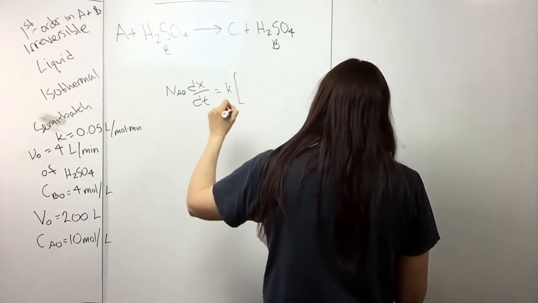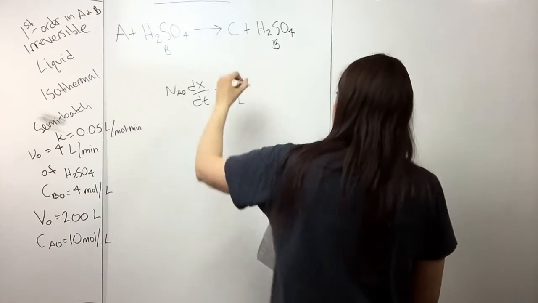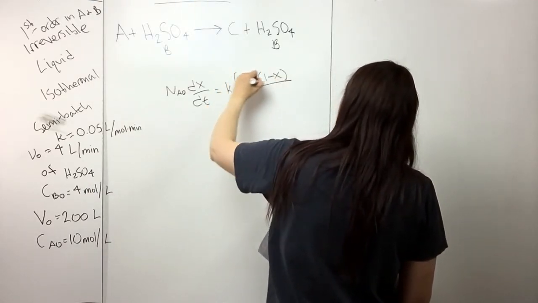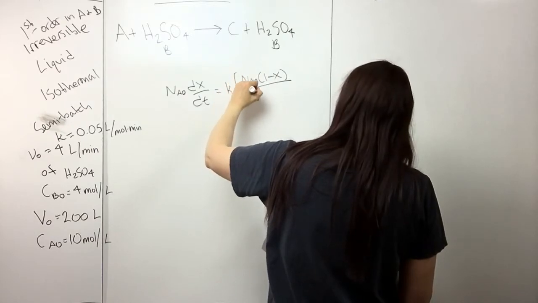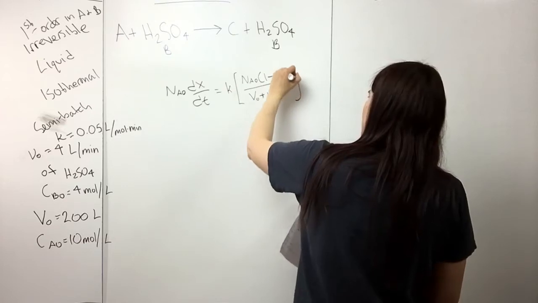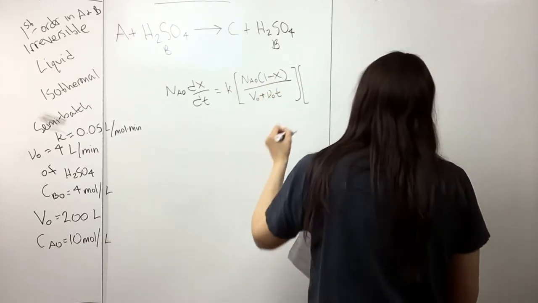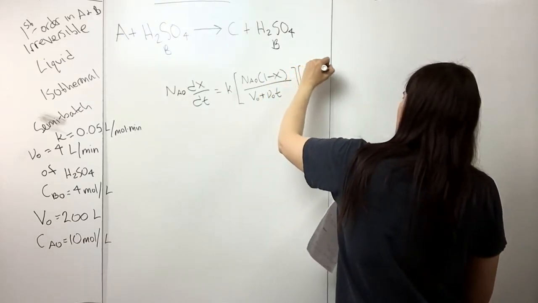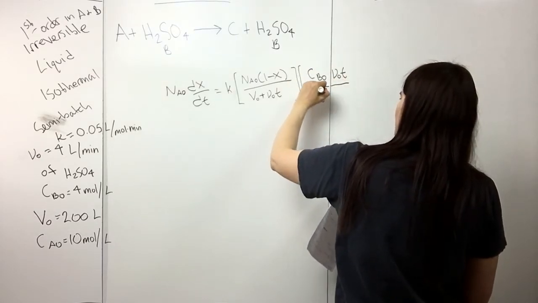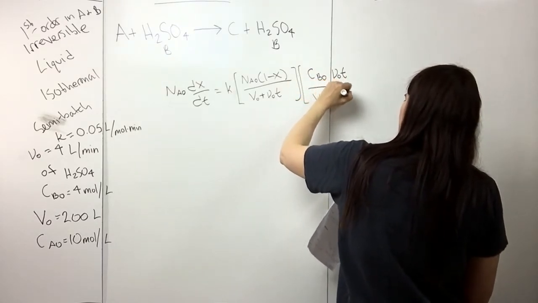So k, and then I had NA naught (1 minus X) over V naught plus V naught T, and that was multiplied by CB naught V naught T over V naught plus V naught T.